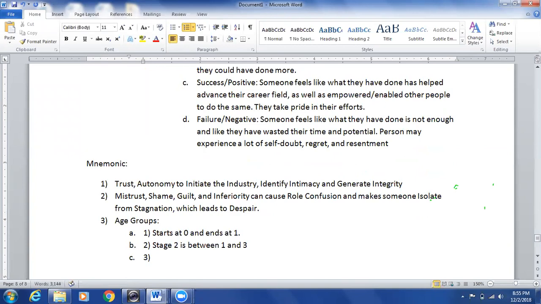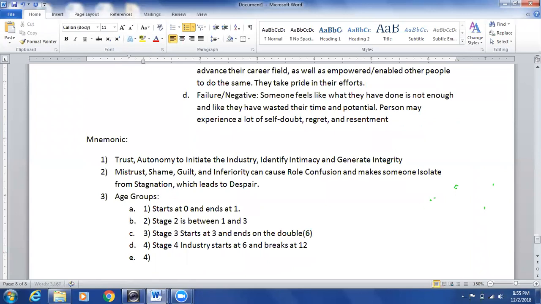And then stage 3 starts at 3 and ends on the double, which is 6. And then stage 4, industry, starts at 6 and breaks at 12, because it's from 6 to 12.